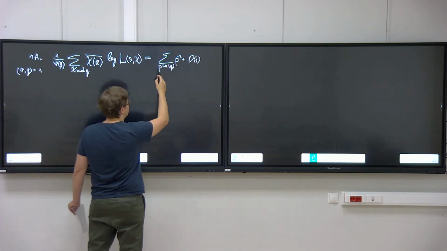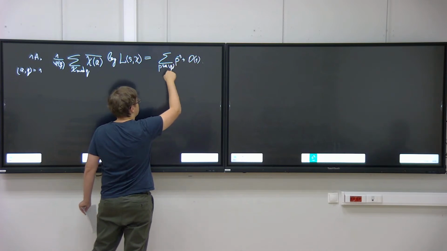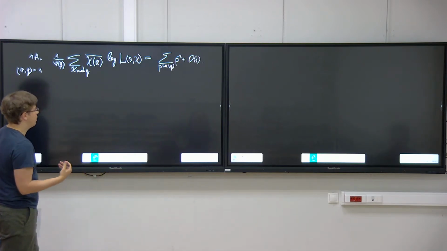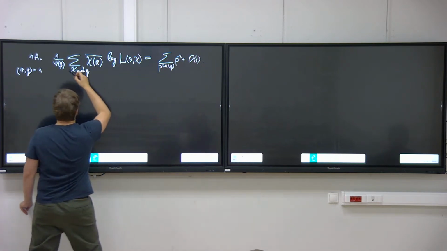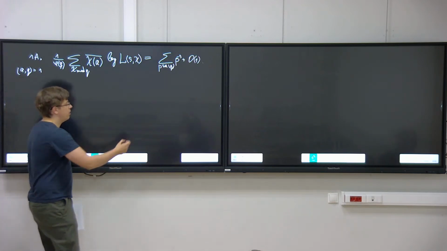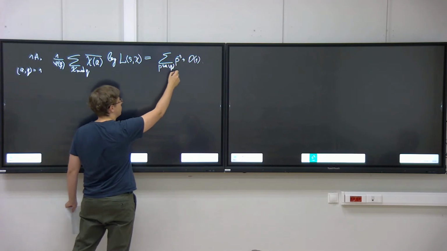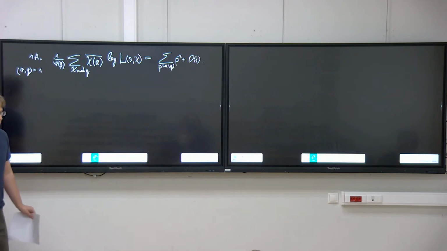We want to prove that there are infinitely many primes here. And then we take the limit, and if s tends to 1, we prove that the left part diverges, and hence there are infinitely many primes that are congruent. But we need to prove such a formula. Maybe one of you can prove this.